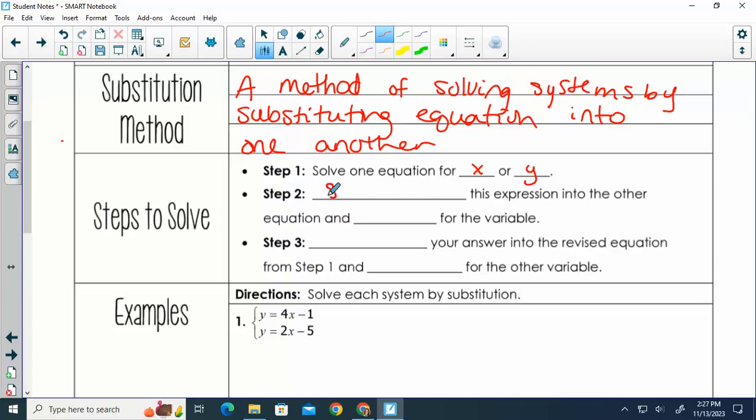Step 2, we will substitute this equation into the other and solve for the variable. Then we will substitute our answer into the revised equation from step 1 and solve for the other variable.